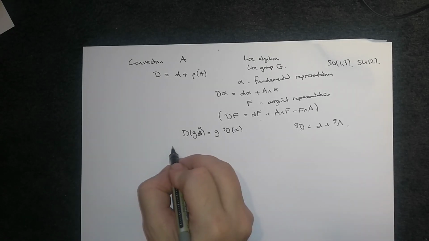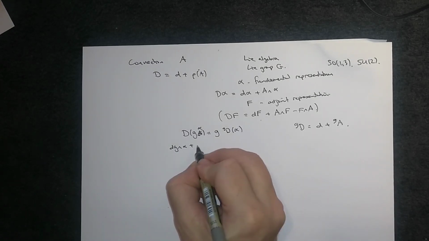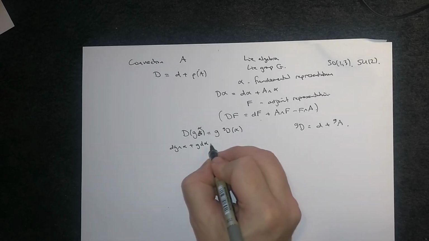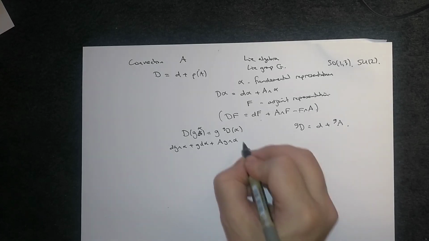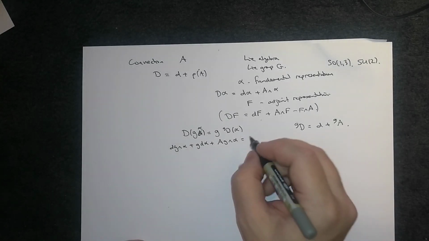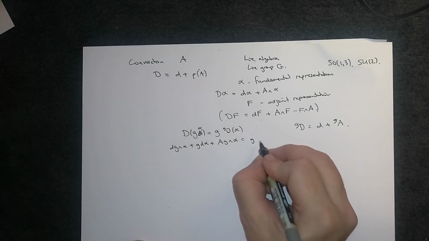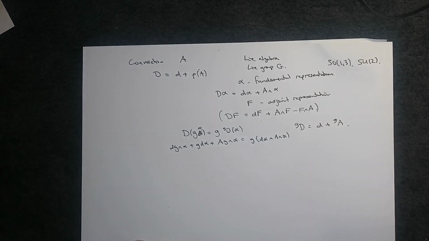Well, I can write this out. That's dG wedge alpha plus G d alpha plus A_G wedge G alpha. You can swap the wedge product and the G, essentially they're in different spaces. This is G times d alpha plus A wedge alpha.